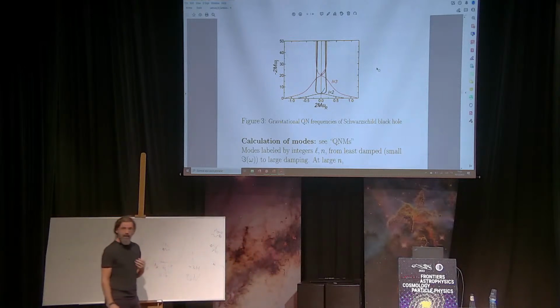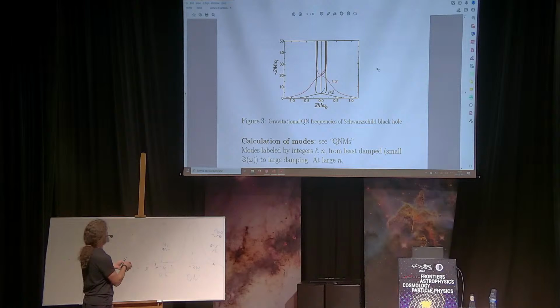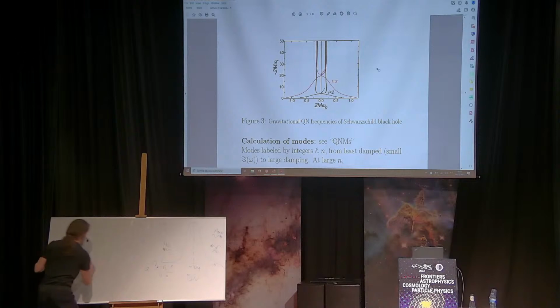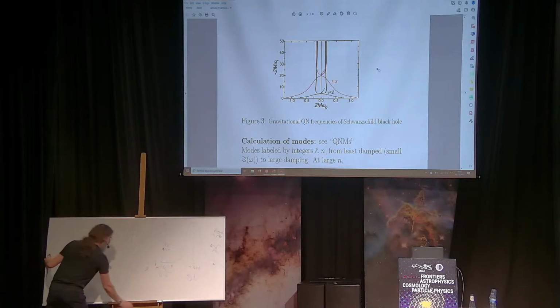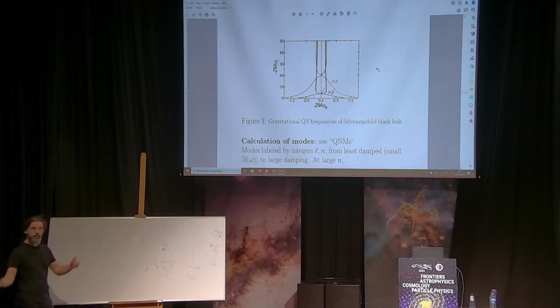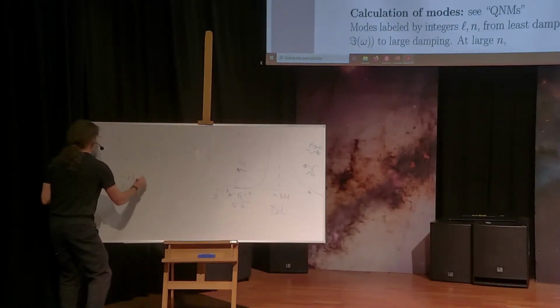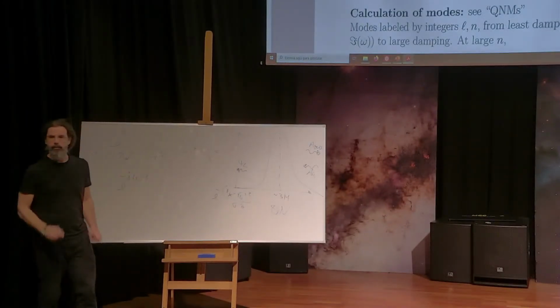Now, they lie in the complex plane, meaning they will have a real component and an imaginary component. The time dependence of my field, of my gravitational wave, for example, was written as e to the minus i omega t.